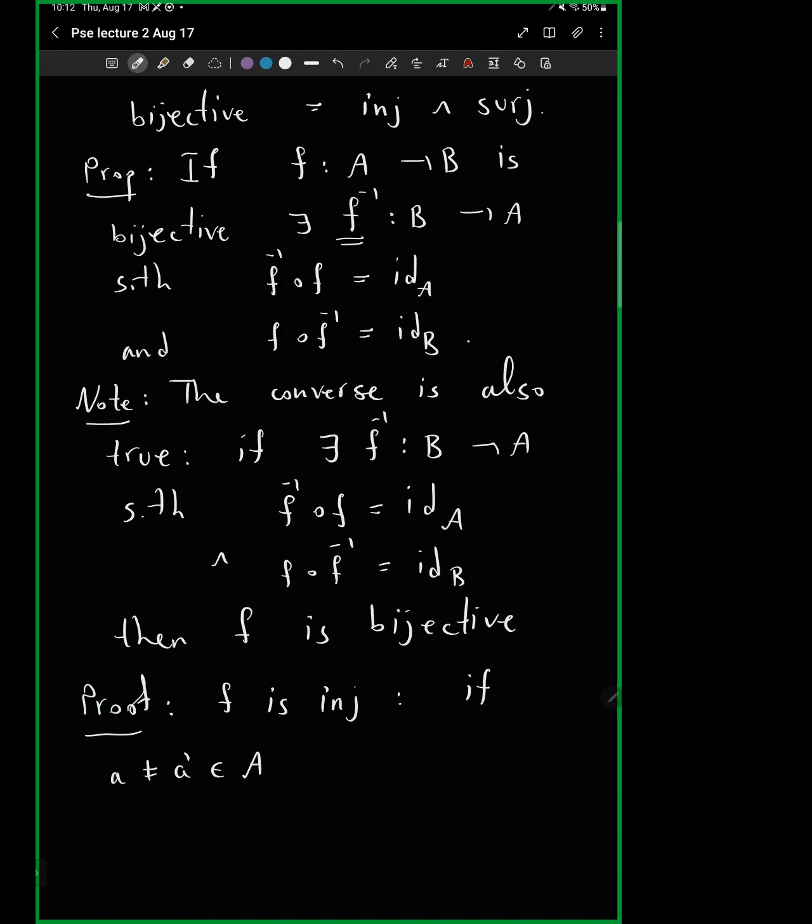What I can do is take f minus 1 of f of A. Because f minus 1 f is the identity, this must be equal to A. And f minus 1 of f of A prime must be equal to A prime.